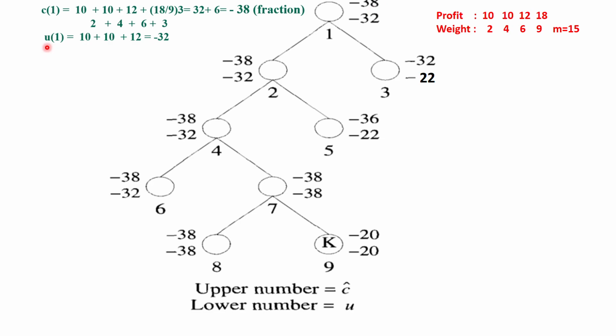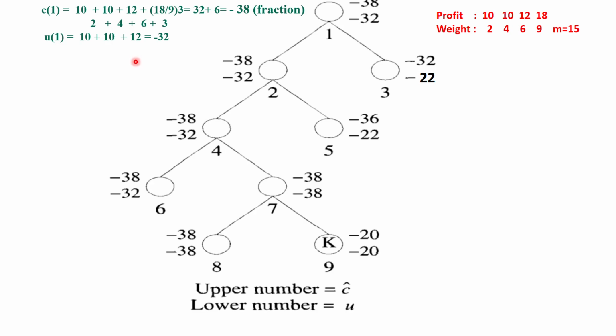In the same way, now you have to calculate the lower number for node 1 here. First item 10, weight is 2, second item 10 and third item 12. Placing the fourth item is not possible. While finding the lower number, you are not considering the fraction.